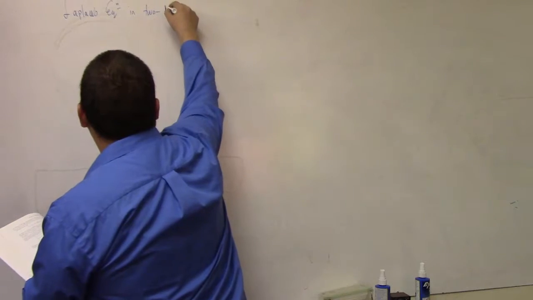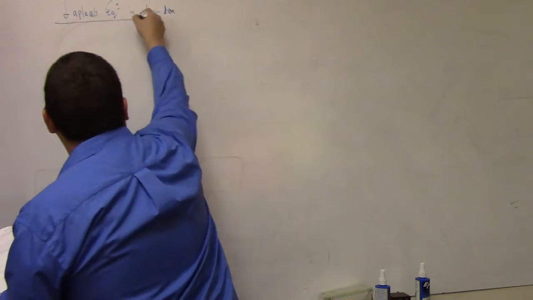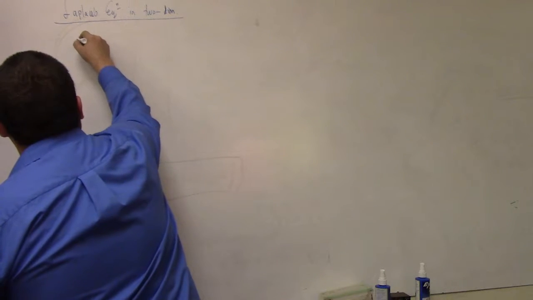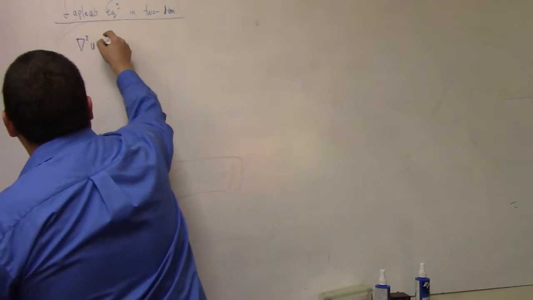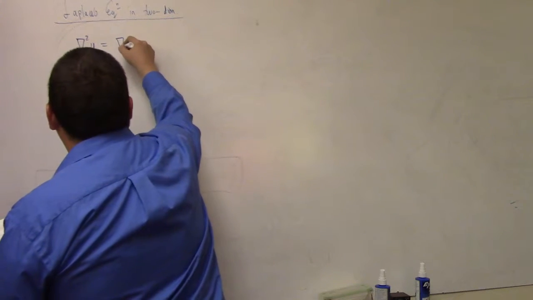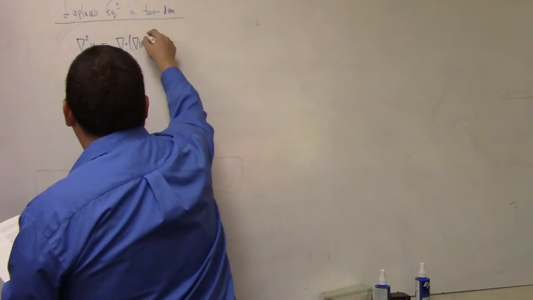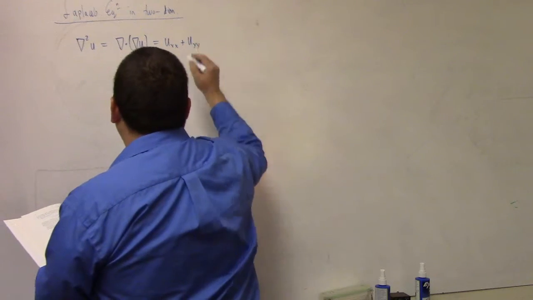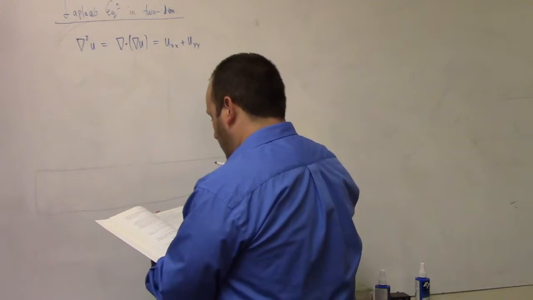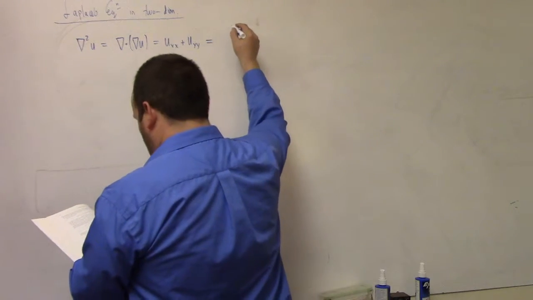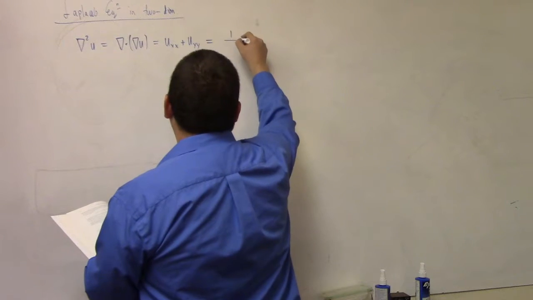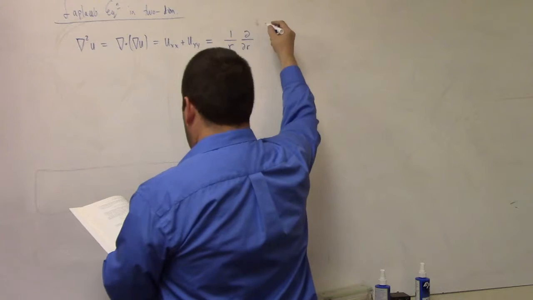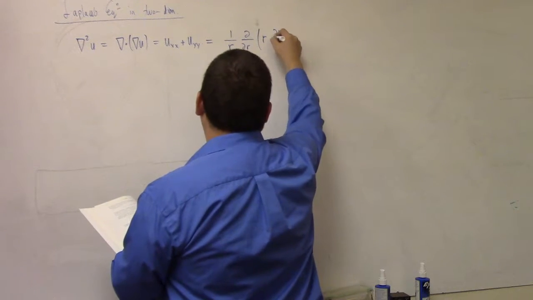In two dimensions. In fact, that's all we've done, really. So we could write del squared u, which is the divergence of the gradient of u. In Cartesians, it's u_xx plus u_yy. But what does that look like in polar coordinates? It's 1 over r, partial r of r partial u partial r, plus 1 over r squared, partial squared u partial theta squared.